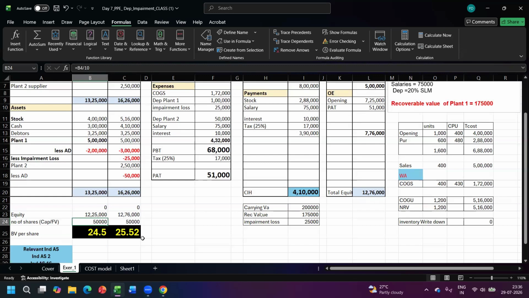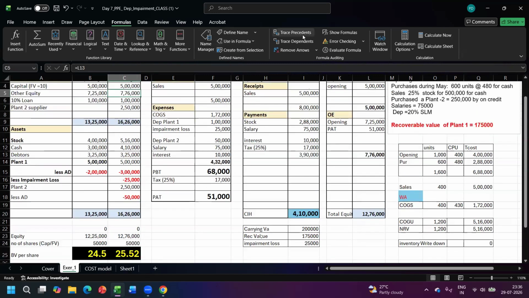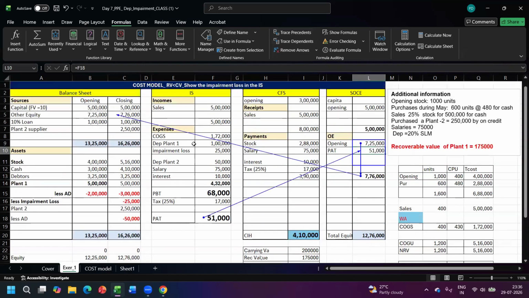That is the equity available per share after meeting all liabilities. So equity per share has increased from 24.5 to 25.5 because other equity has increased. And other equity has increased because of the PAT. PAT is positive because the incomes are more than the expenses. So in the process, we are also able to see the interrelationship and interconnection between the financial statements.